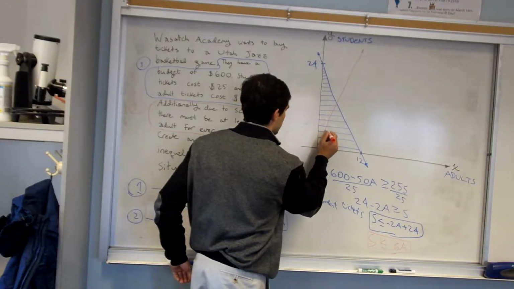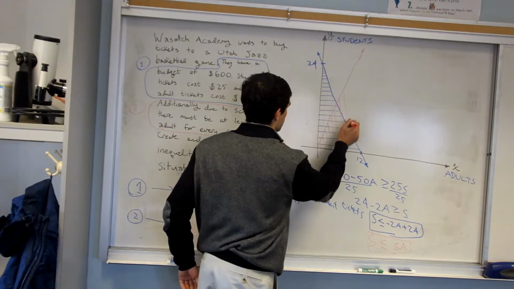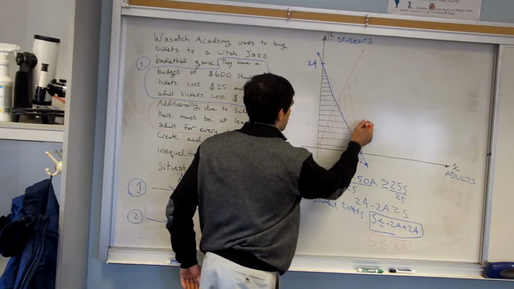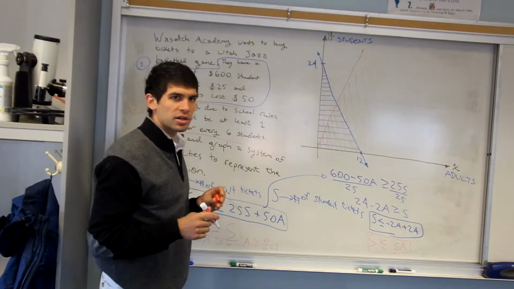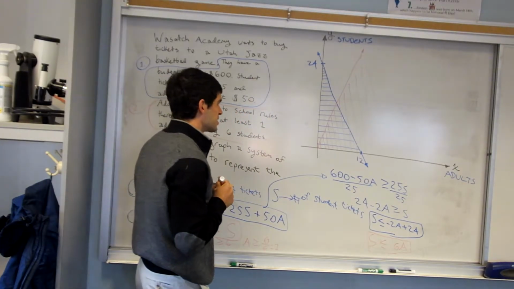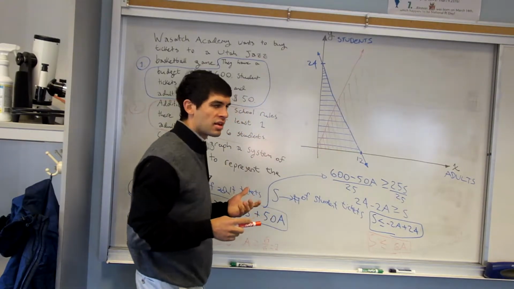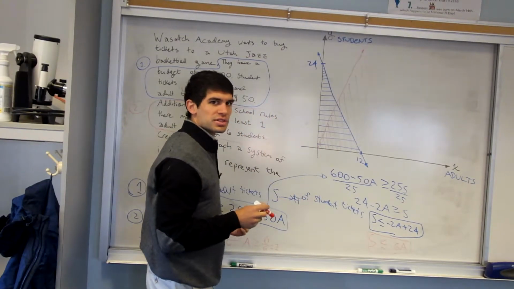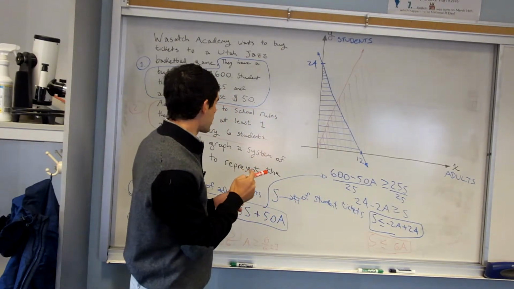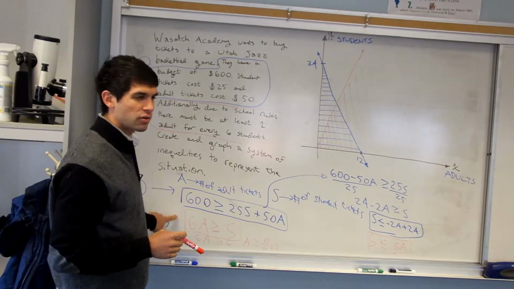So again, I'm going to shade in the area under the curve. And the solution to our system of inequalities is the area that's shaded by both inequalities. So this triangle area here represents the area that satisfies both of these inequalities.